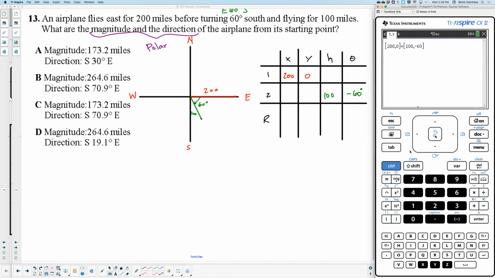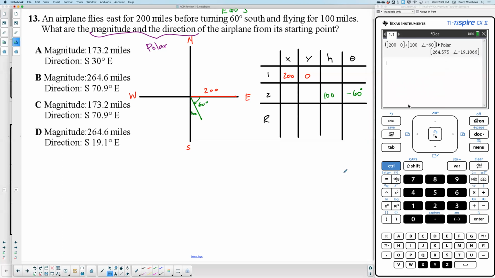So you put the angle symbol, control bracket, hit the angle symbol. Now this will add the values together. Since I need magnitude and direction, instead of just pressing enter, I'm going to press menu 7C4. Menu 7C4. Now I'll press enter, and that's the answer converted to polar.